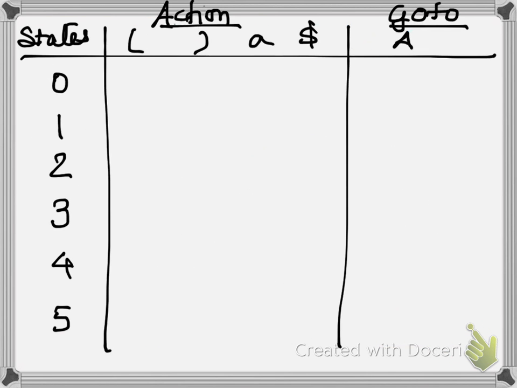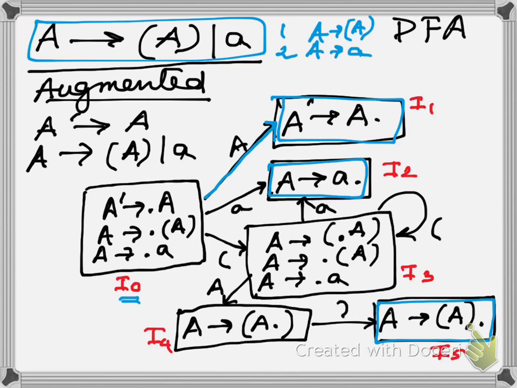So we will go to our table, and on state 0, for this particular row, on A goes to our state 1. So we will write 1 out here, because it is labeled by the non-terminal symbol A.